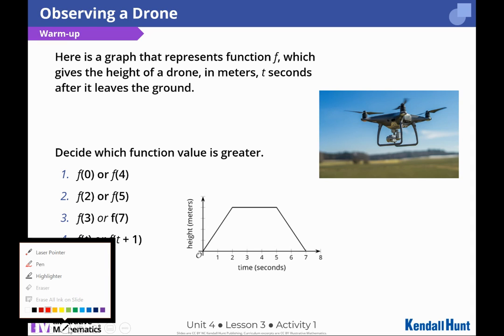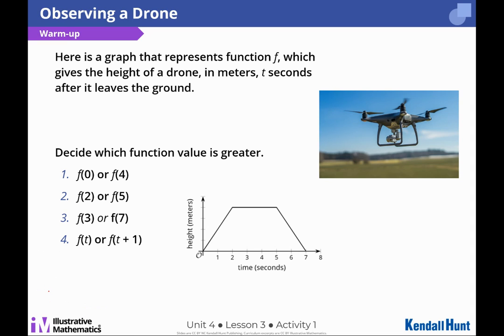And so, looking at the warm-up, it says that this is a graph of function f, which gives the height of a drone in meters t seconds after it leaves the ground. So you can see from the graph that the input is time and the output is the height.